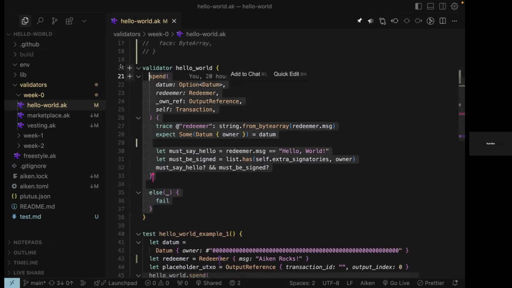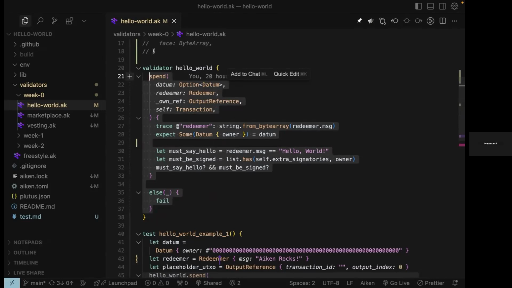Ready to move to line 21? We are just creating a validator with a name, and this is the syntax. It's like a function, reminds me of a JavaScript function. And what does this function do? It either allows a transaction or prevents a transaction. That's it.